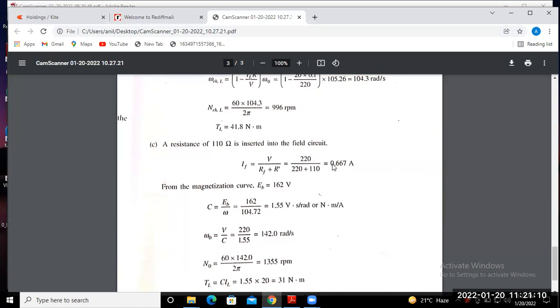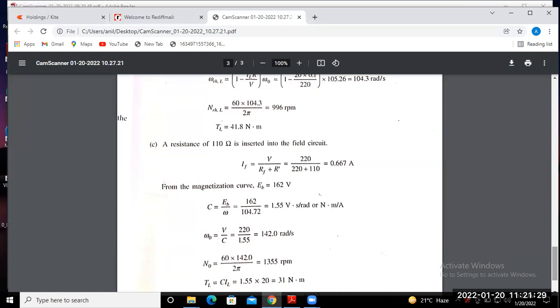Okay, so if you simplify the equation, then you will get the full load angular velocity in radian per second.